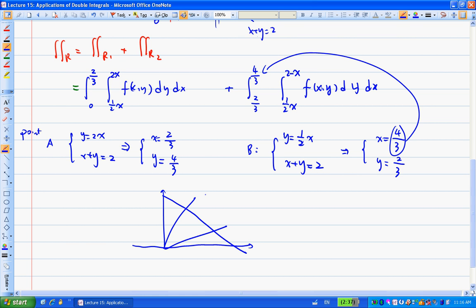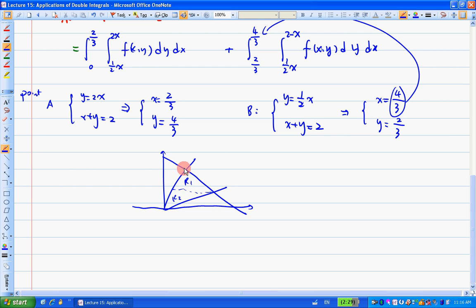I guess you still cannot integrate this whole thing in one step. You still need to separate, right? So the way to separate it will be separating at here now. Okay? Yeah, so this is going to be your R1, this is going to be R2. So try to put down the limits for the two regions like this.